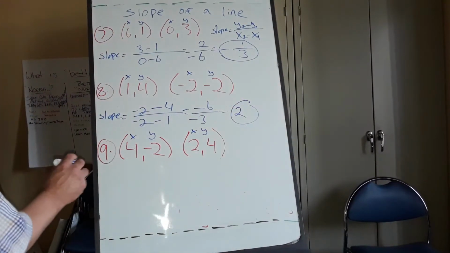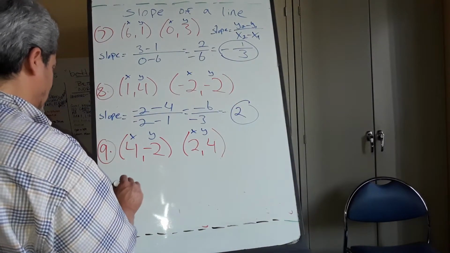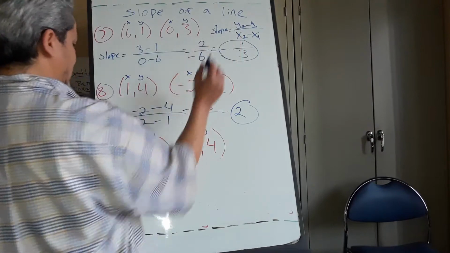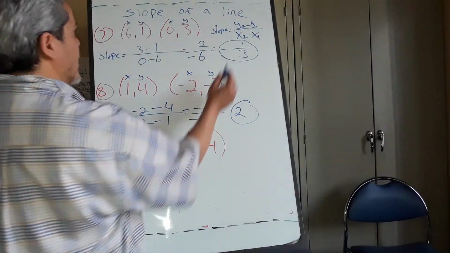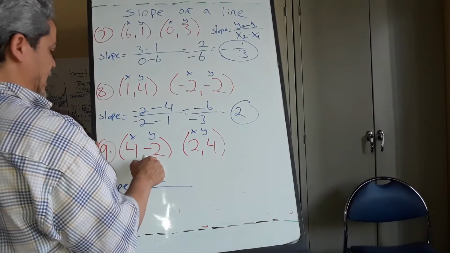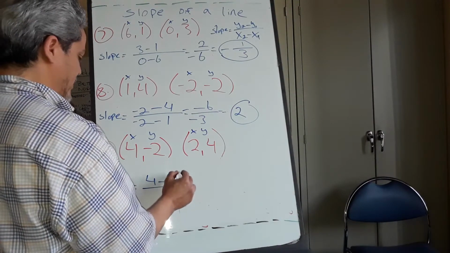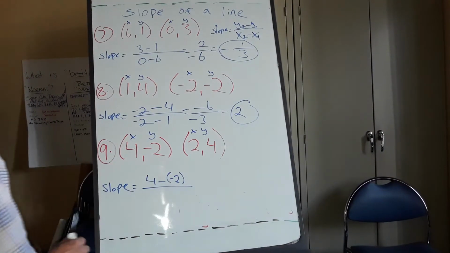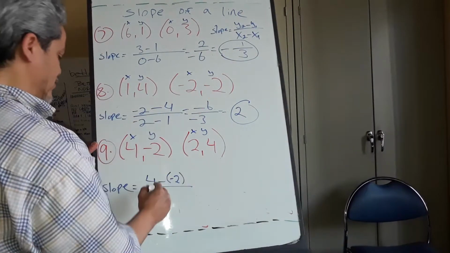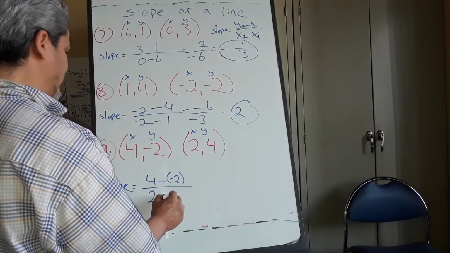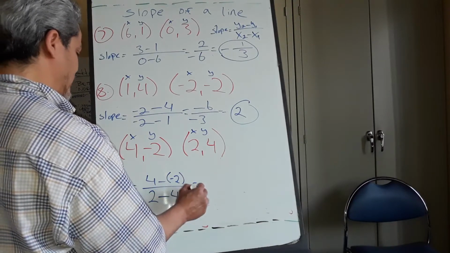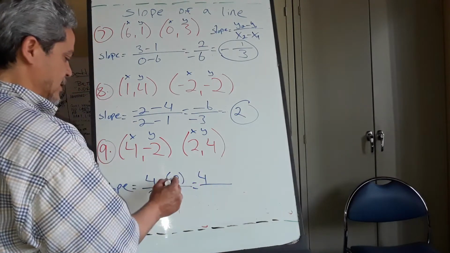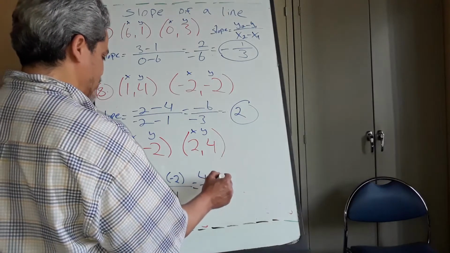Now, number 9, again, we set it up. Y second, 4, minus y first, negative 2. Since it's a negative, I have to put it in parentheses. X2, which is 2 over here, minus x1, which is 4. So here we have 4, a negative and a negative give you a positive, plus 2.